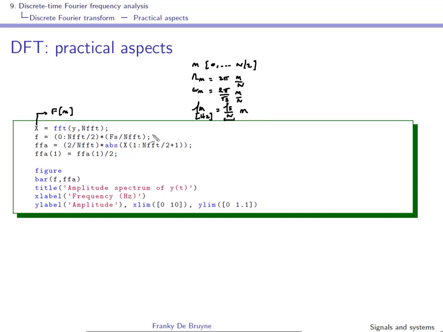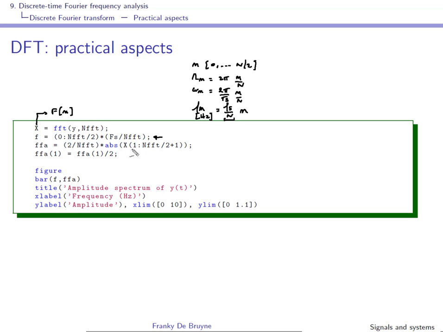So here we have it, n ranging from 0 to N over 2. Again, N here is the N used in the FFT command, so N FFT times the spectral resolution. So this is okay. We have our frequency vector.